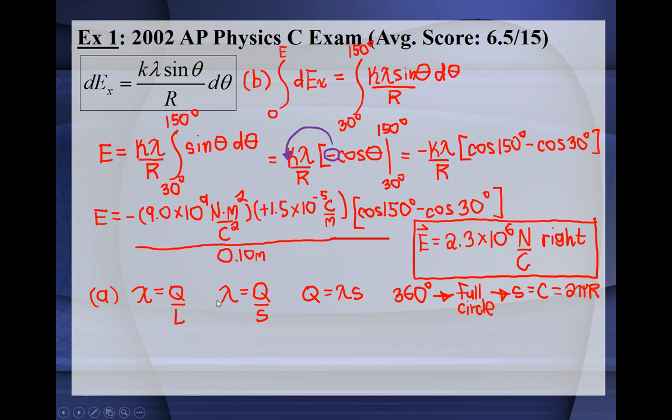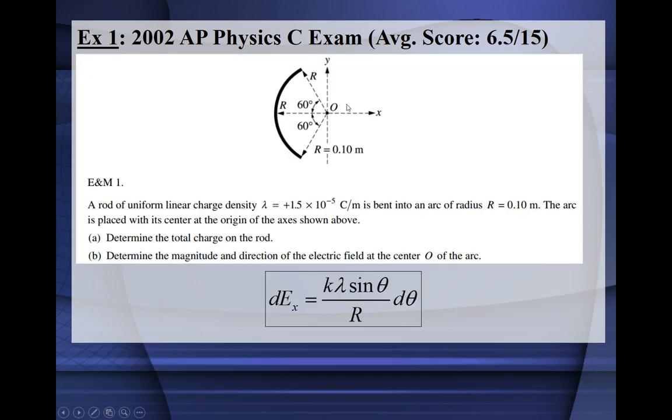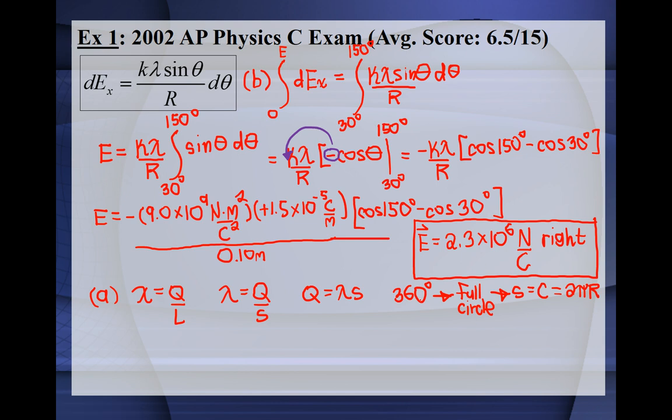Now, if we go back to the picture here, compared to the angle for a full circle, which is 360, what angle does this arc of charge sweep? It's 120 degrees. That's the angle covered by this arc of charge. That would be a third of the full circle.